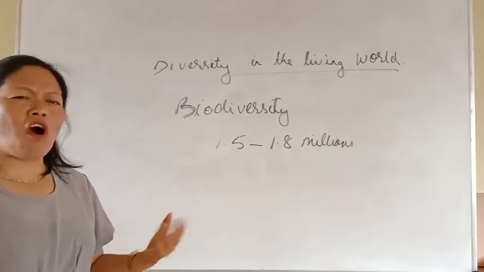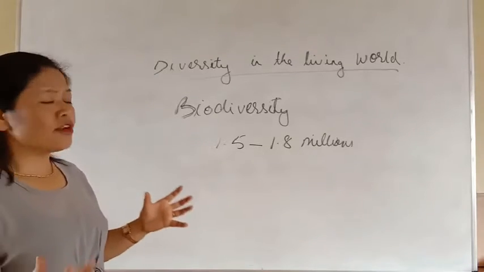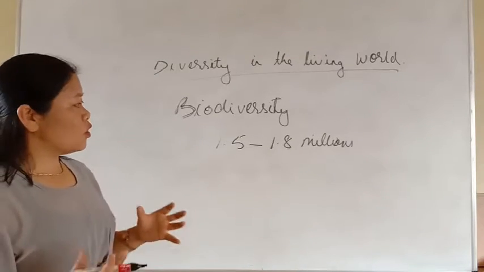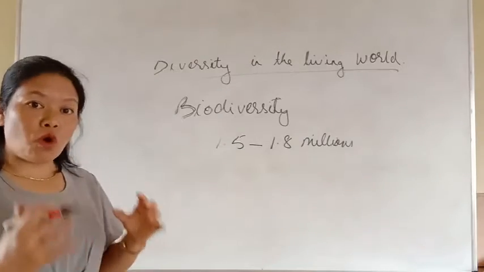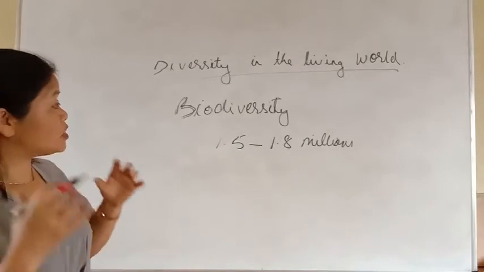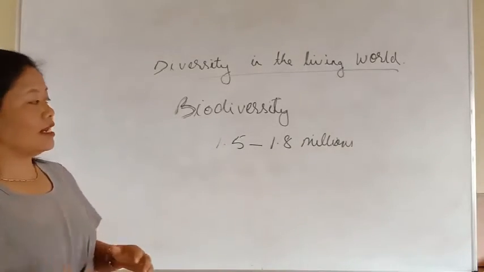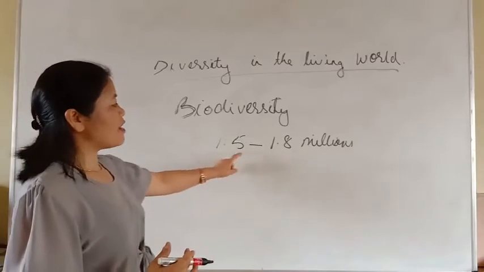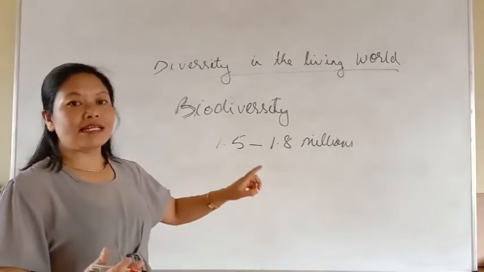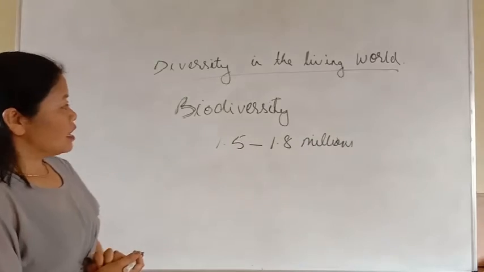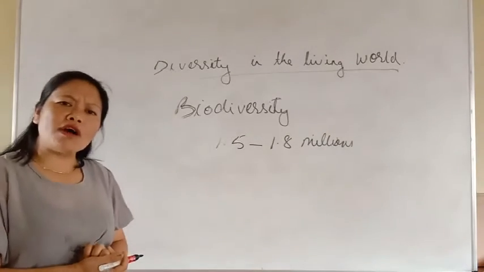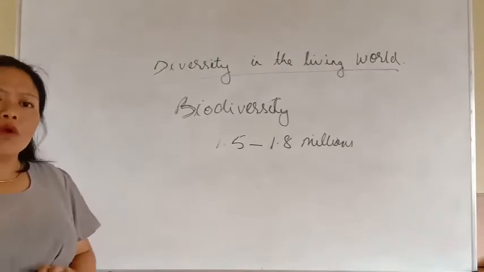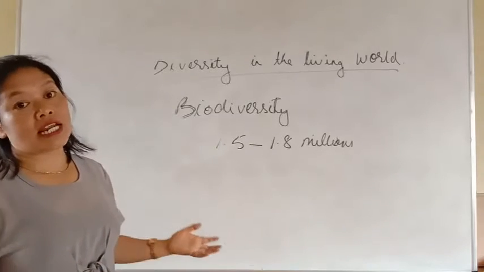There may be many organisms whose names are still not known. The names known till date number more than 1.5 to 1.8 million. And there are so many microorganisms that we cannot see with our naked eyes that are present in and around us.